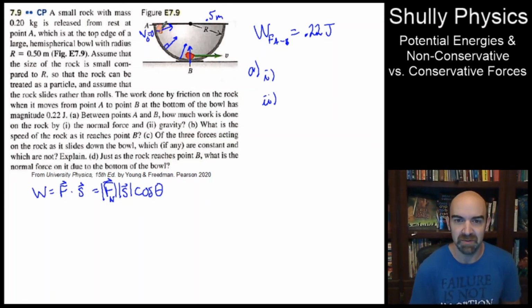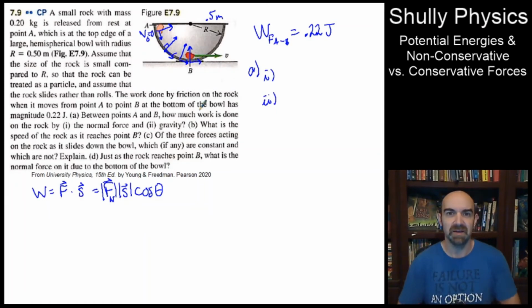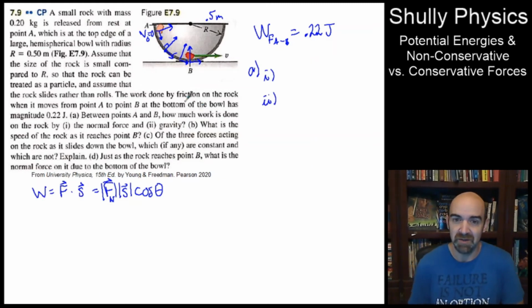At this point, the rock is going in this direction. At this point here, the rock is going in this direction. It's always moving tangent to that slope of the bowl. So the angle between the normal force and that displacement vector at each point is always 90 degrees.